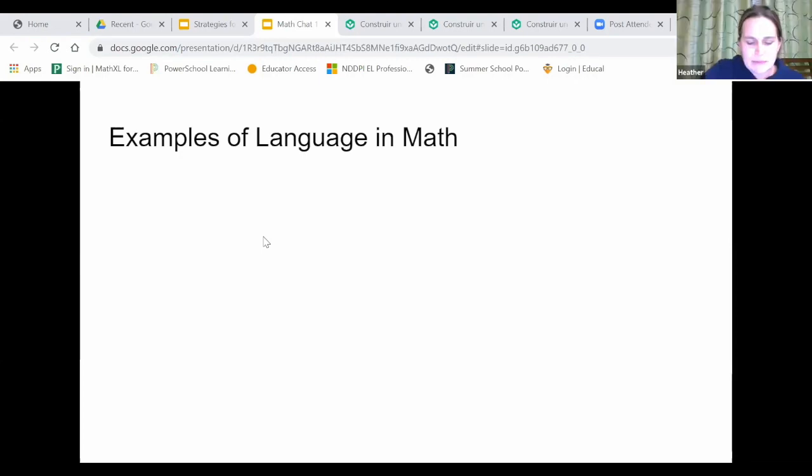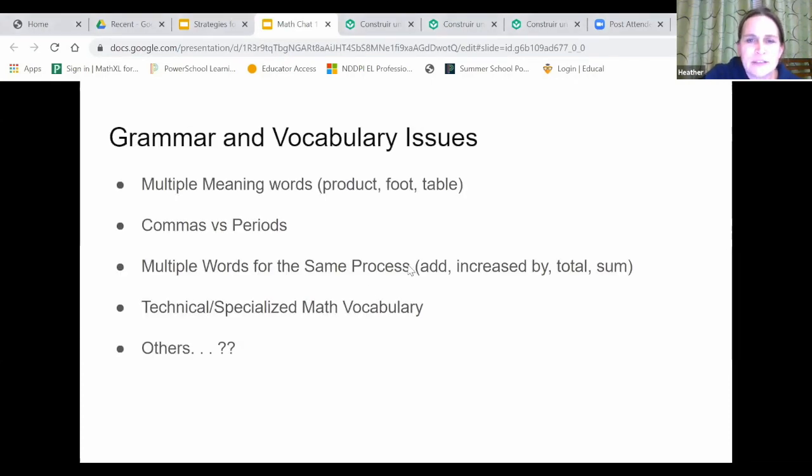The book did mention too that with the Common Core shift, there's been more emphasis on word problems, so now they have to worry about that too, along with the notation. Not that there weren't always word problems in math, but here's just some of the things that the book mentions.